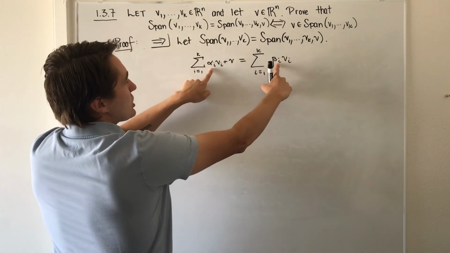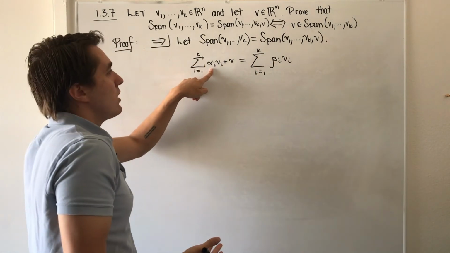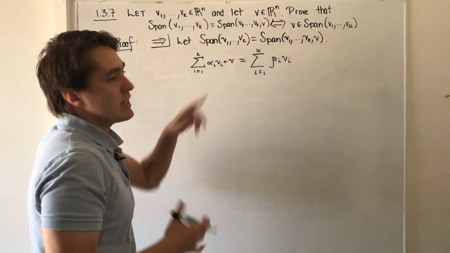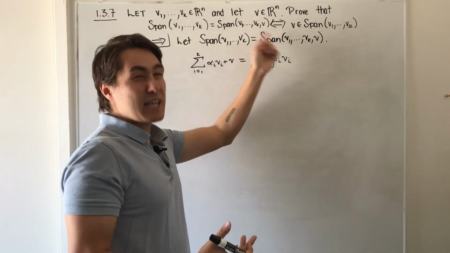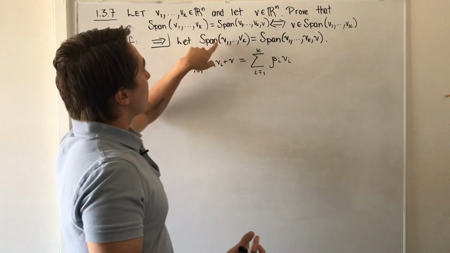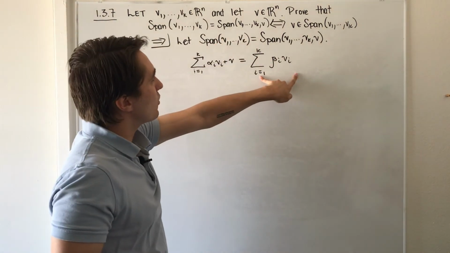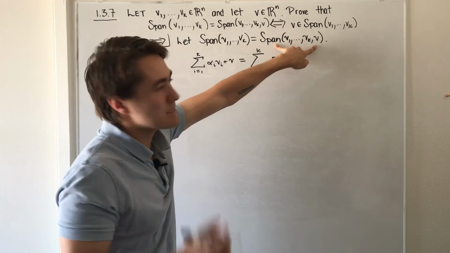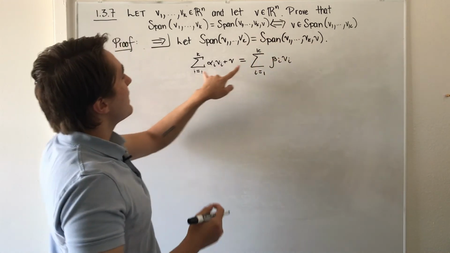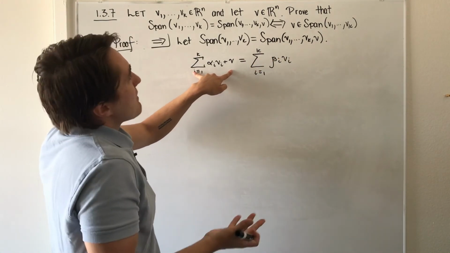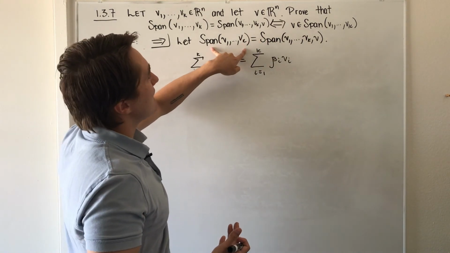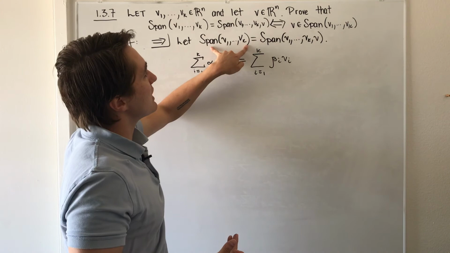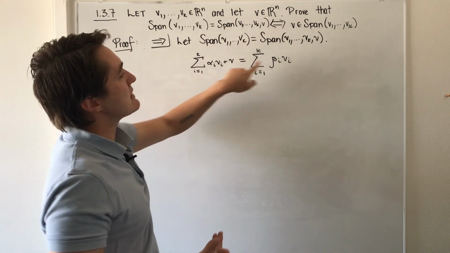So these coefficients are going to be different. The beta i's and the alpha i's are not the same, but in the end, since we're assuming these two sets are equal, every element of this set is of this form, and I picked a specific element from this set. It doesn't matter that I picked a special one here. There's got to be a representation in v1 through vk that is equal to it.